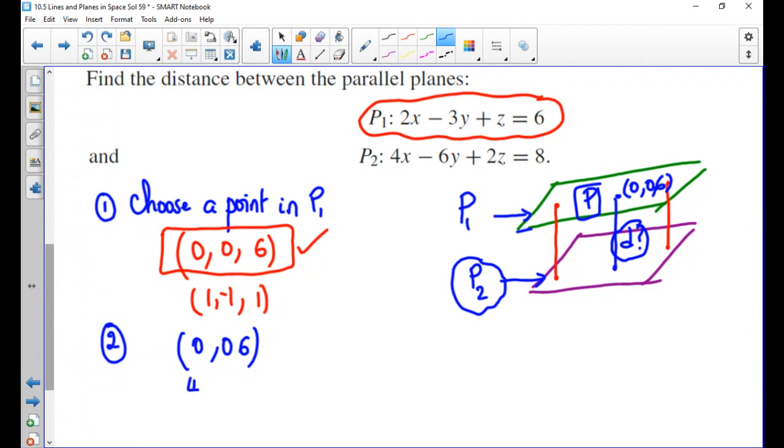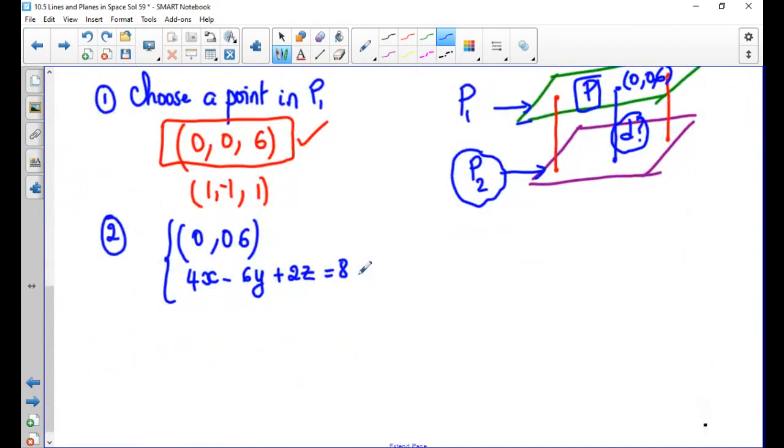Now I need to find the distance from 0, 0, 6 to the other plane, P2. Do you understand what I'm saying? You have a point in P1, and you need to find the distance from that point to the other plane, which is P2. You have to be a bit careful here. Now I know how to find this distance. So what will be the distance now?